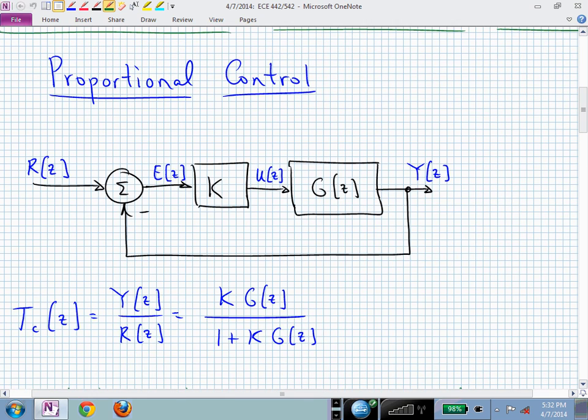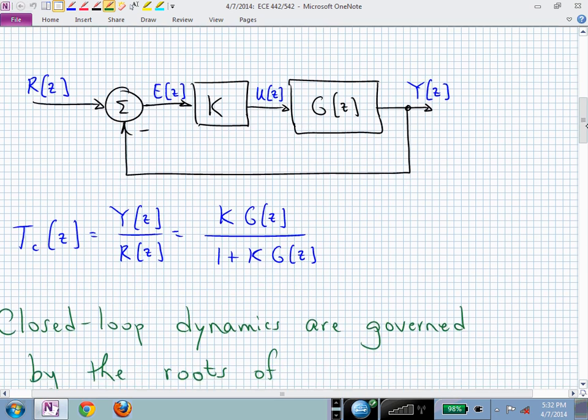Here's the proportional control that we've already talked about. Our controller, capital C of Z, is just a pure gain, K, in this unity output feedback configuration. The closed loop transfer function is Kg over 1 plus Kg.